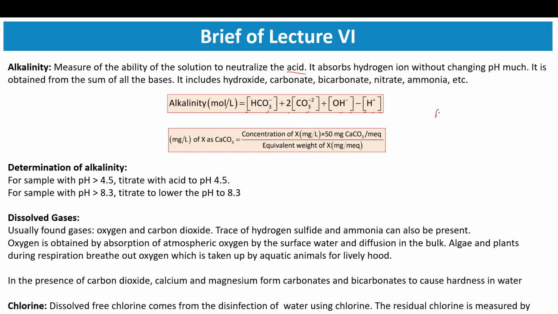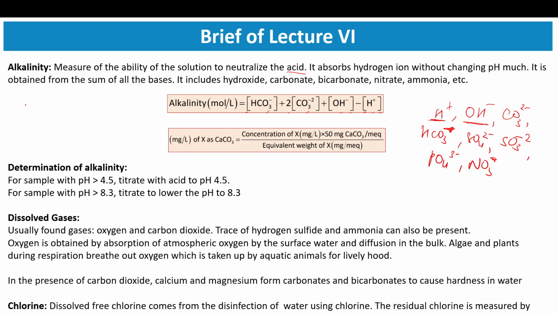There are multiple ions: H plus, OH minus, then carbonates, bicarbonates, sulfate, sulfide, phosphate, nitrate, etc. All of these anions have the tendency to react with or neutralize H plus, because these are negative, so they can react with H plus.